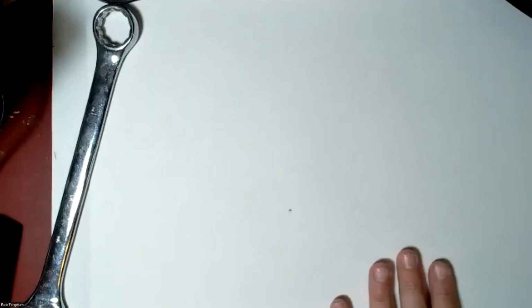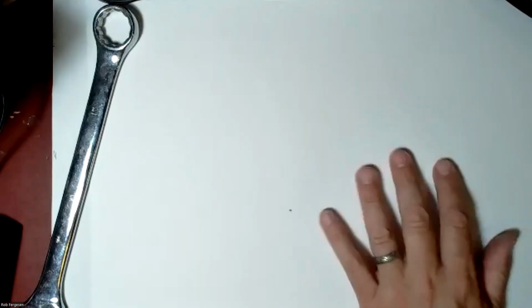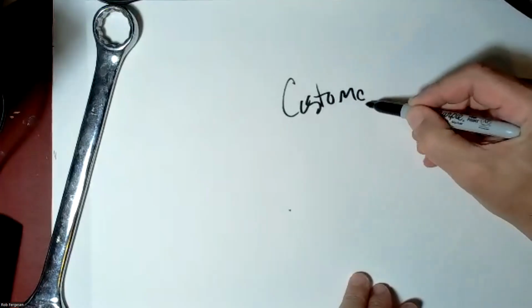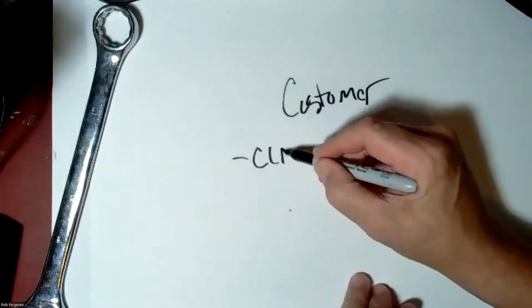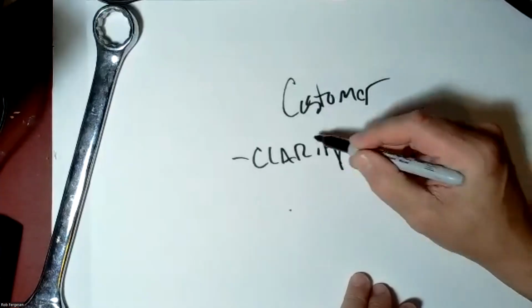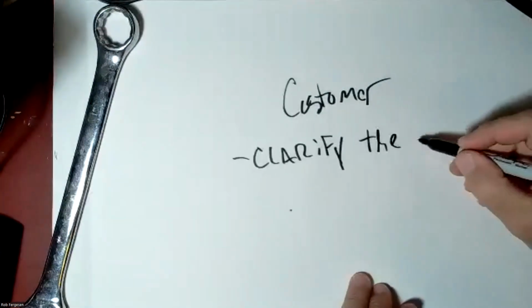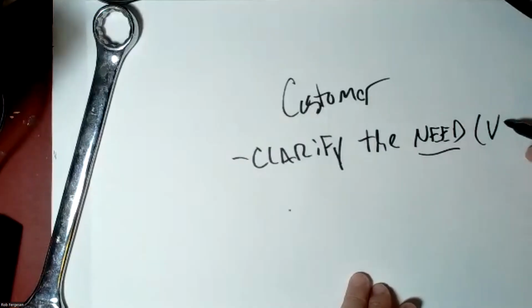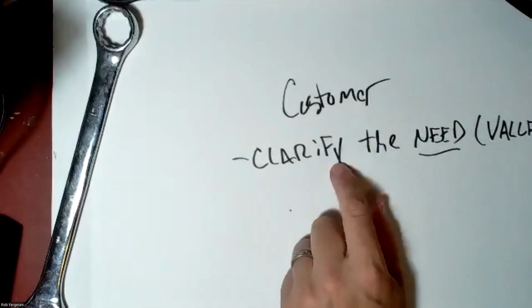Now, I didn't really talk about this, but there is a subsequent step where we might go to that customer. And we will clarify the need or the value that the customer has for that part.